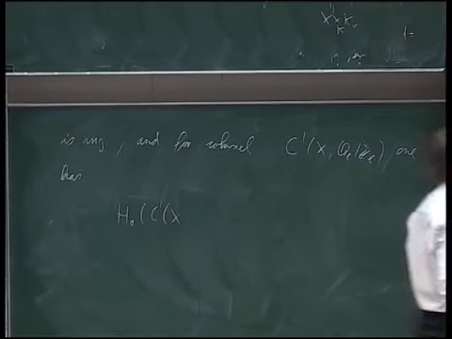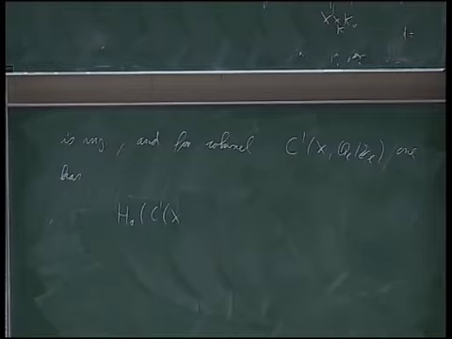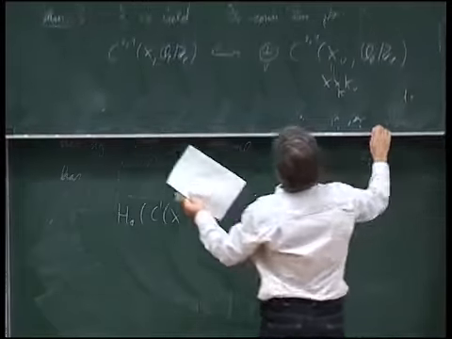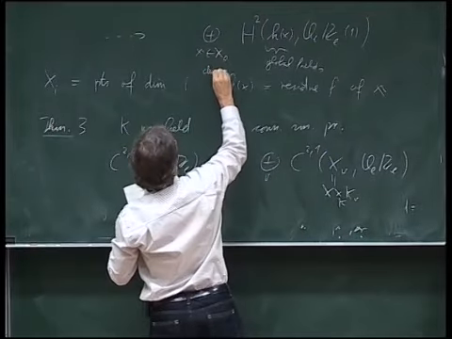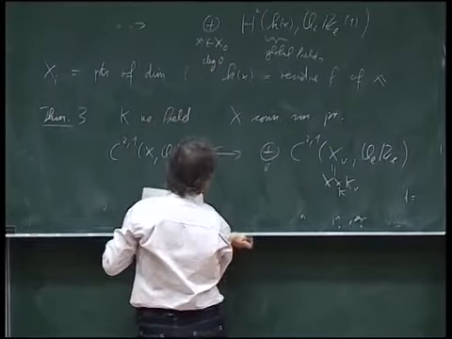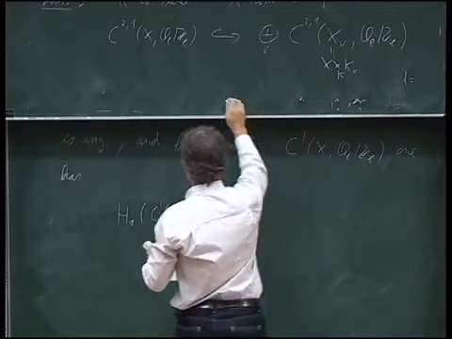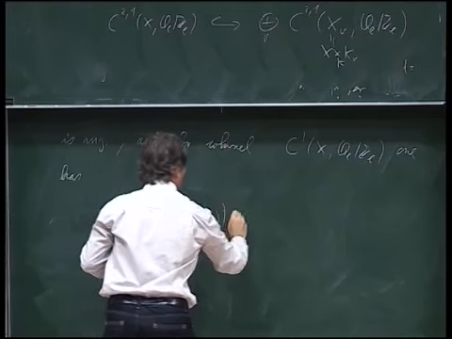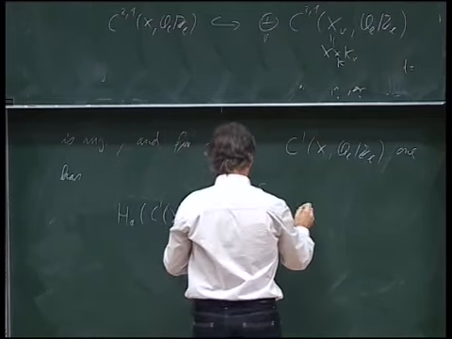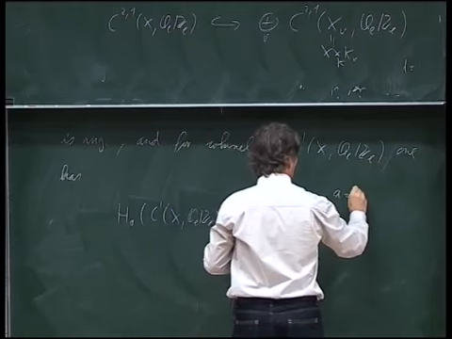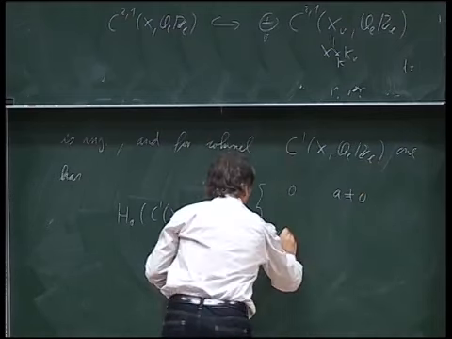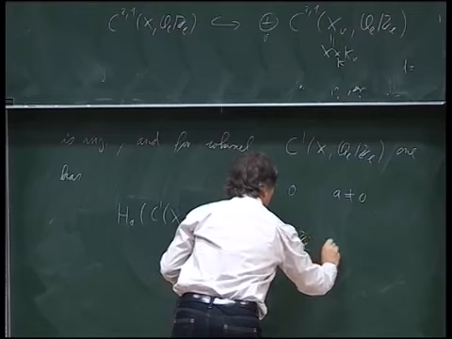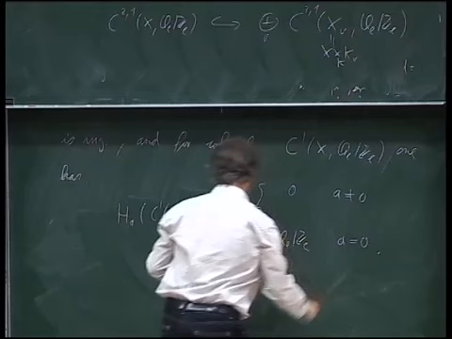So this is in degree 0 here, and the top is degree D. Then this cohomology is 0 if a is different from 0, and QL mod ZL if a is 0.